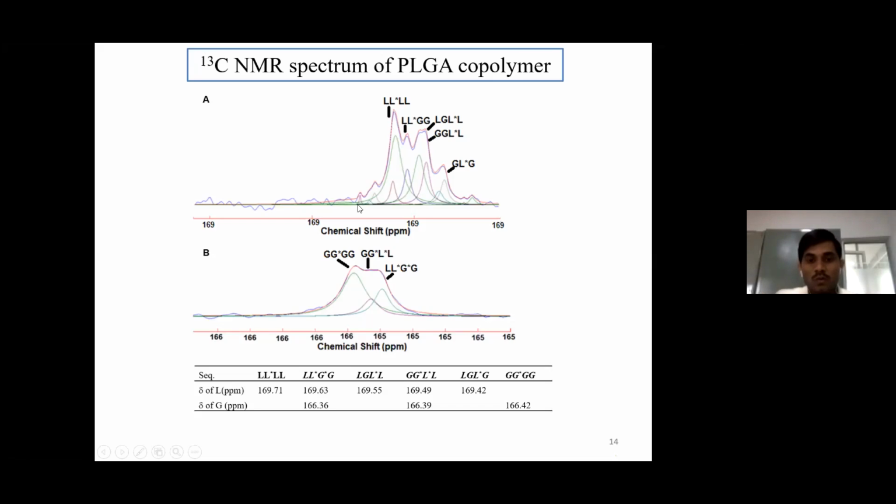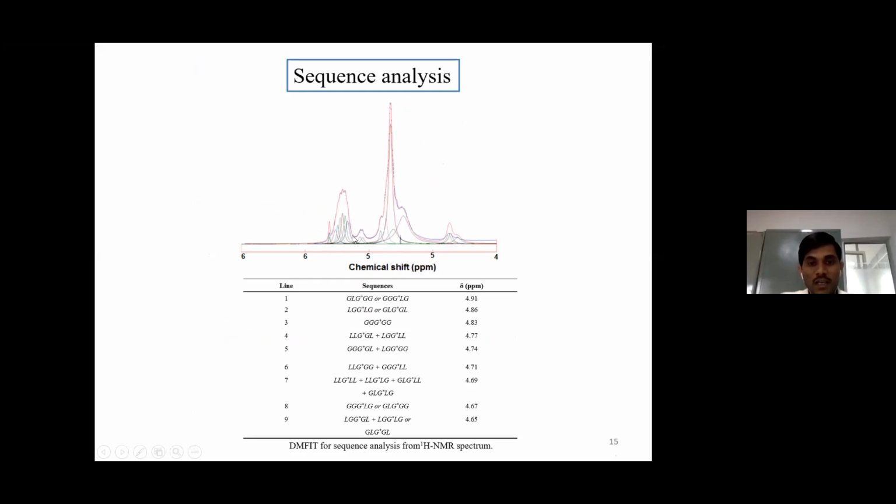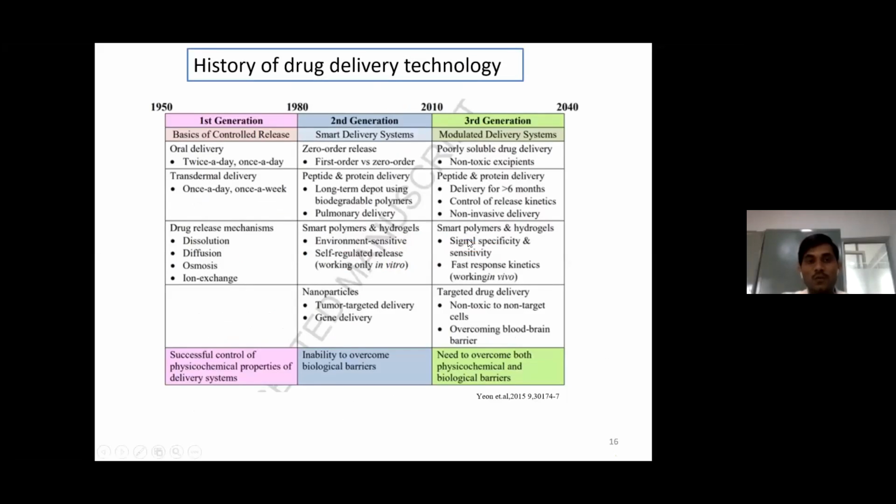Your polymer should have a random sequence for its solubility. So this sequence we have confirmed using Bernoullian statistics. Again, we have deconvoluted this H1 NMR of this PLGA, and we have analyzed the sequence is random, and because of this random sequence, this PLGA is soluble. We have to use this PLGA polymer for drug delivery application.